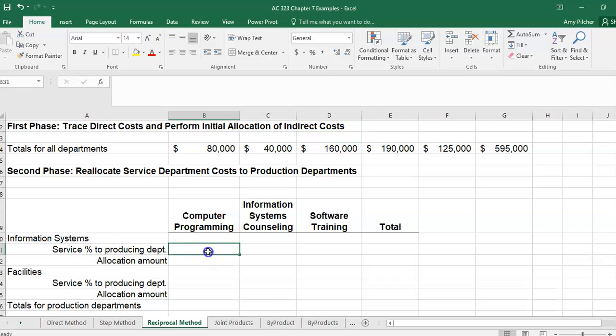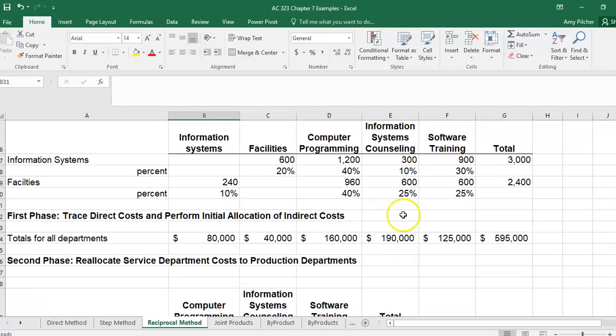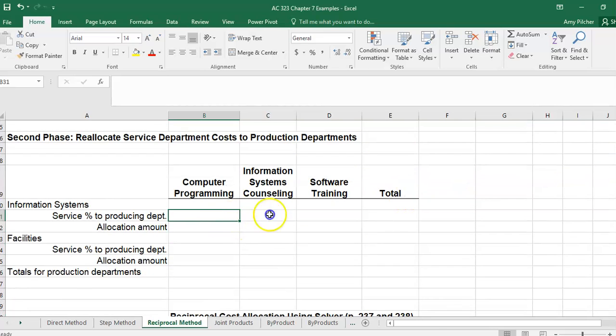So then we have our service percentage usage. For information systems, that is 40, 10, and 30.